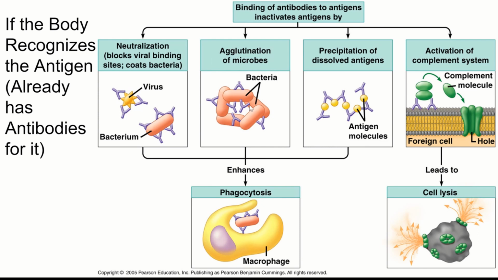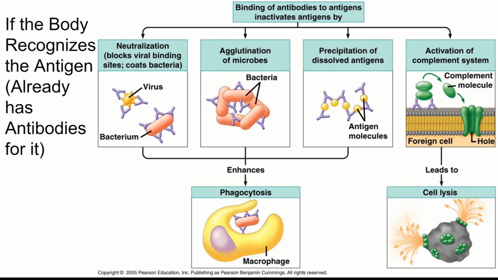Another option is agglutination. This is where the antibodies stick to multiple different pathogens. So like you can see, this antibody right here is attached to this bacteria right here and this one here in the back. So it clumps them up together.